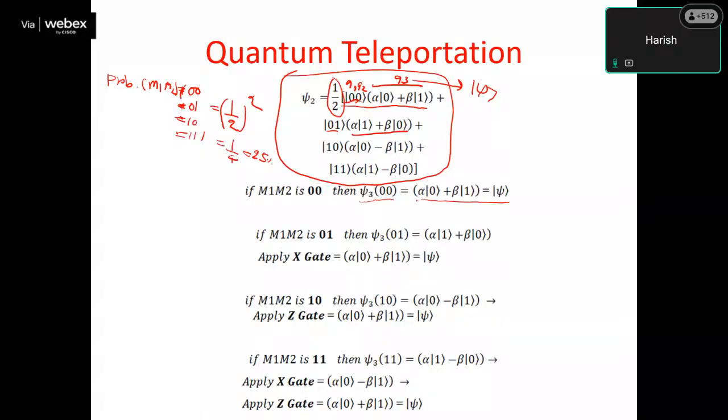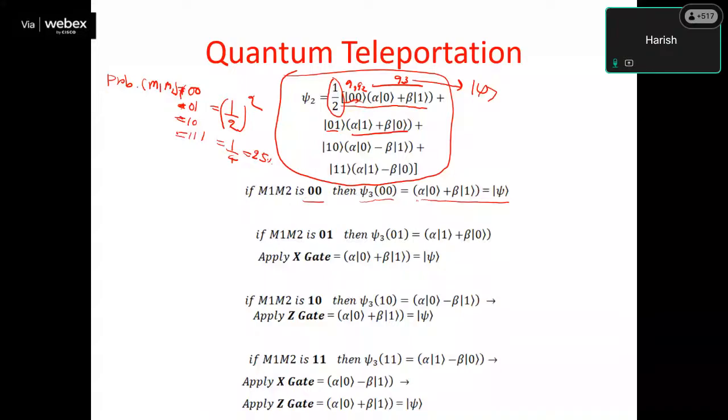So what will happen in this case? If q1 and q2 are 0 0, then it is simple: we have teleported psi from Alice to Bob. We did not do anything on q3. But if you see the other expression, it is not equal to psi.